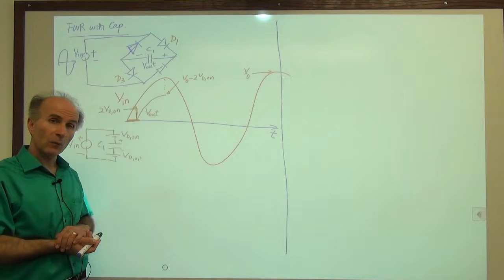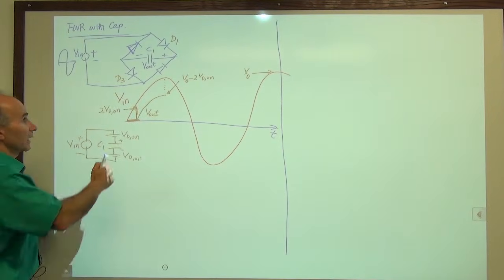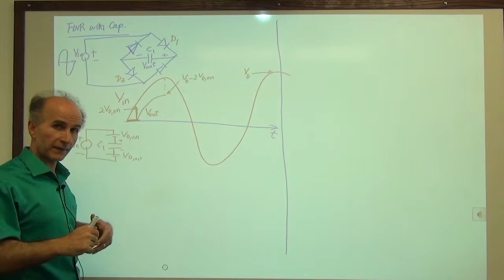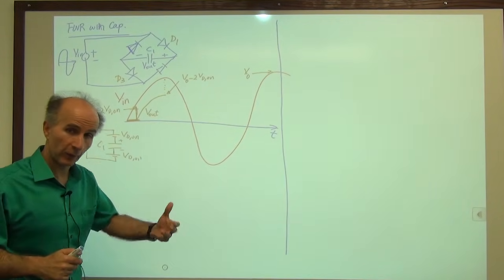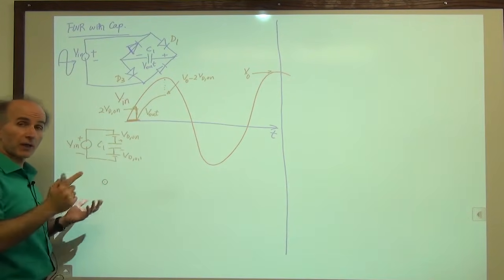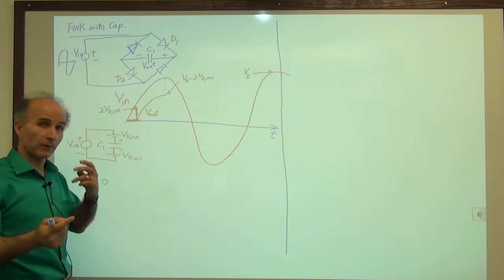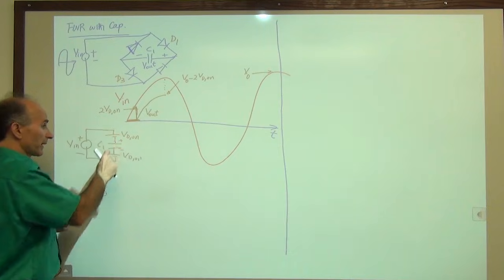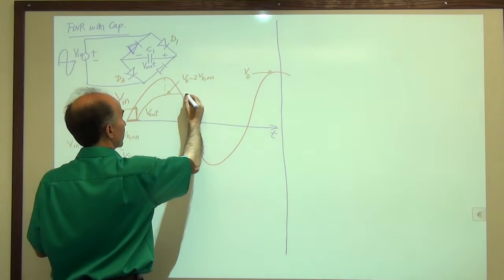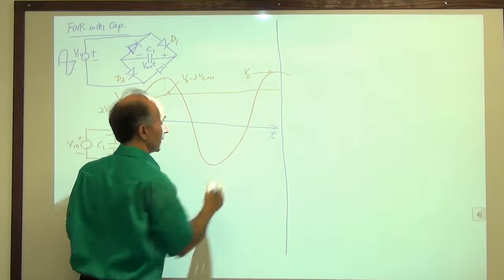Okay, good. Now what happens if the input starts falling? Well, the philosophy is the same as what we had for the half-wave rectifier. Once the input starts falling, both of the diodes have to turn off. There's no other way. And if both turn off, the voltage on the capacitor remains constant. So the output voltage remains constant, and that's like this, indefinitely.